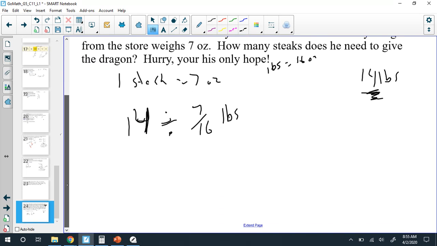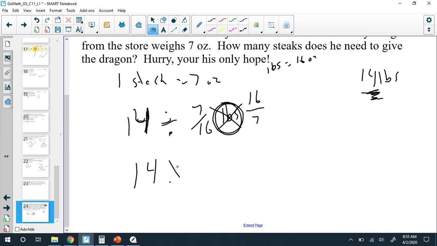Now, when we divide with fractions, we take this fraction and we flip it over. We're going to put the 16 on top and the 7 on the bottom, and then we are going to multiply. So we get 14 times 16 over 7. Now, 7 is a factor of 14. I'm going to simplify first. 7 divided by 7 is 1. 14 divided by 7 is 2.